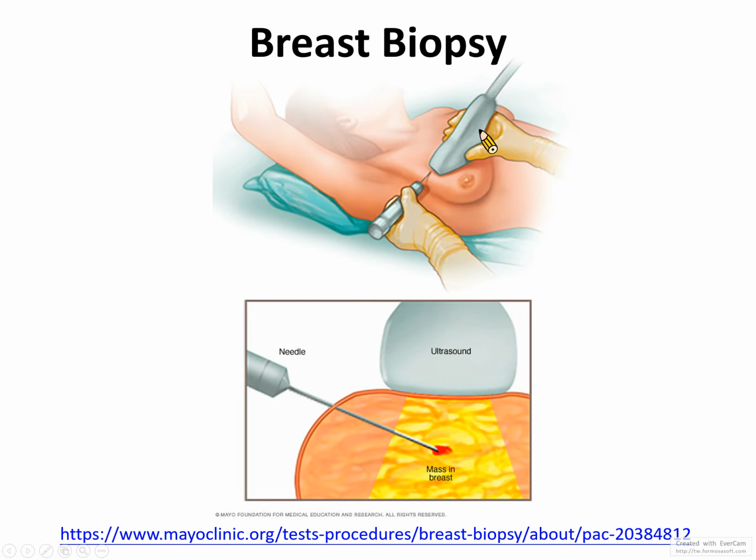You can use ultrasound and a needle biopsy tool, using ultrasound to guide the needle to pierce into the mass in the breast, and extract a small amount of tissue to do the histopathology scanning.